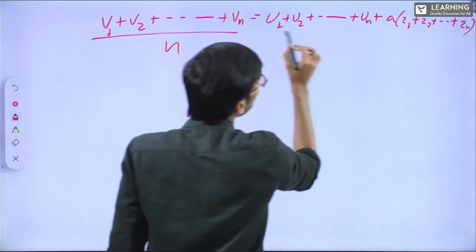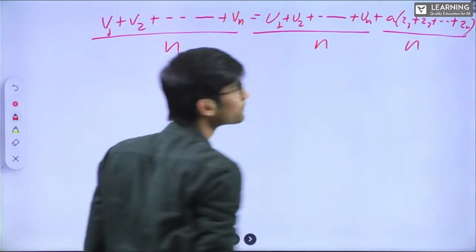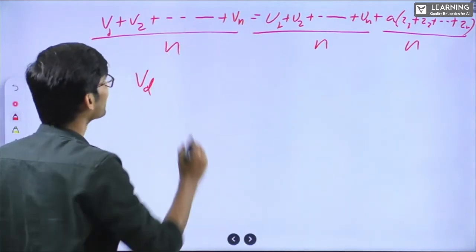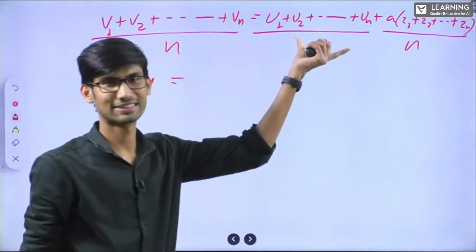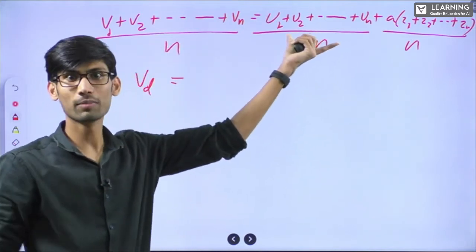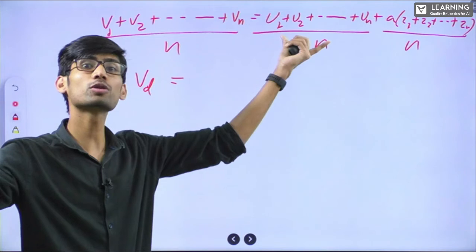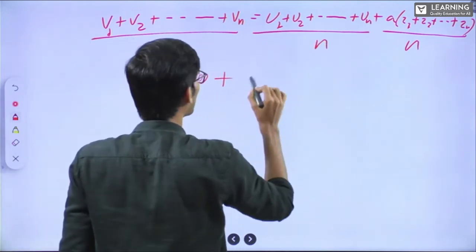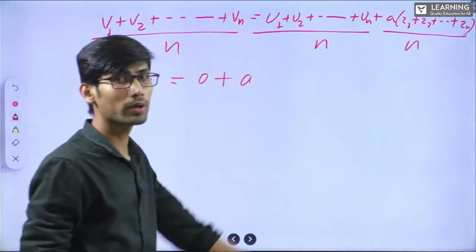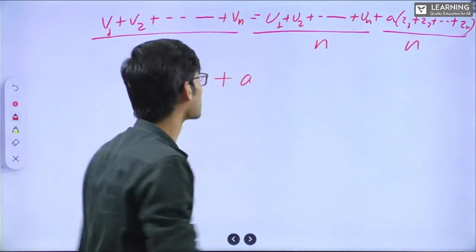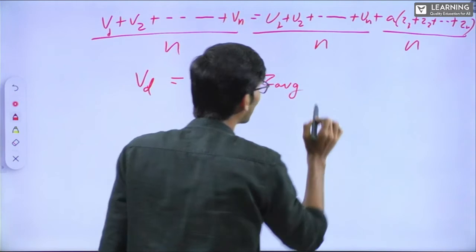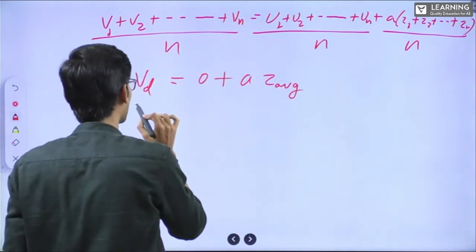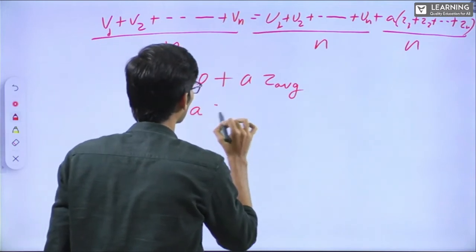If I divide both the sides by n, this is Vd. That is equal to, what is this? 0. Remember, U average, U1 plus U2 till Un divided by n, that is 0. Plus A times tau 1 plus tau 2 till tau n divided by n, that is tau average, the average relaxation time. So Vd is equal to A tau average.